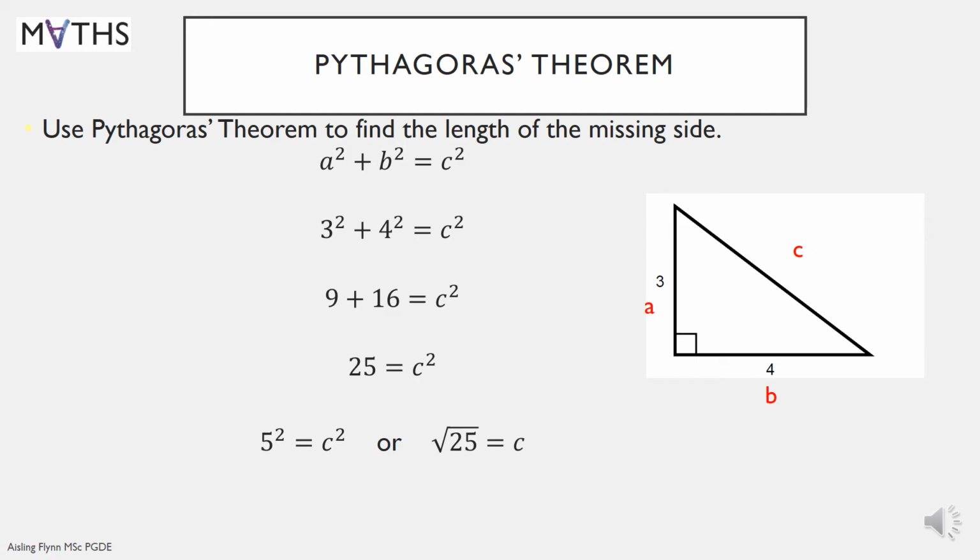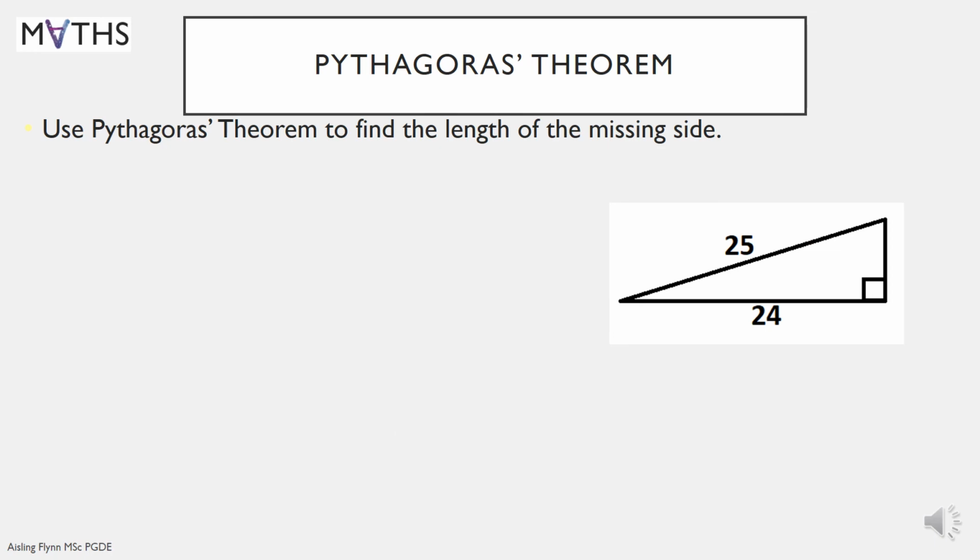Or if you had a more tricky number, you would say that C is equal to the square root of 25, where the calculator will find the number that was multiplied by itself to give 25. That's called getting the square root. Which number, when you multiply it by itself, gives 25? And of course, the answer there is 5. You can rewind there and go back through that if you wish, or pause it and look at it.